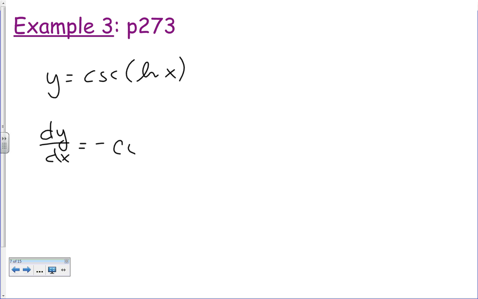Negative cosecant of something times the cotangent of something. And I like using parentheses as placeholders when you're following chain rule. And then the second step of chain rule says you substitute in that inside function. That's the ln of x that we're substituting in. And then finally, chain rule says now you multiply by the derivative of the inside function.